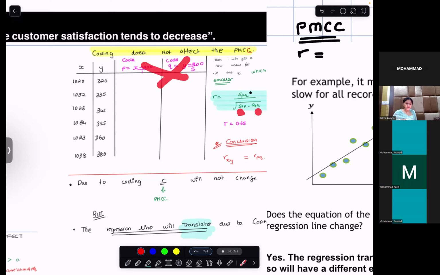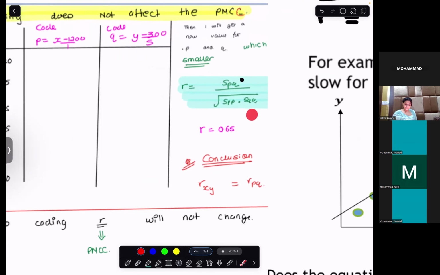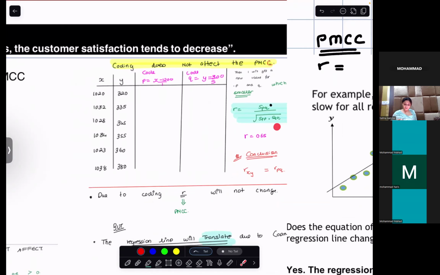If it's not coded, then R will be SXY divided by root of SXX times SYY. Are you with me?